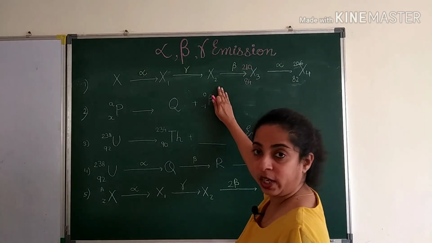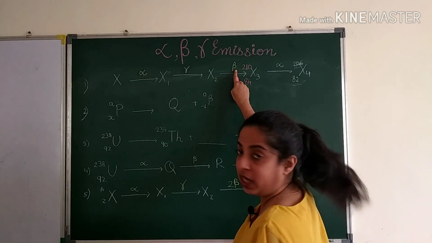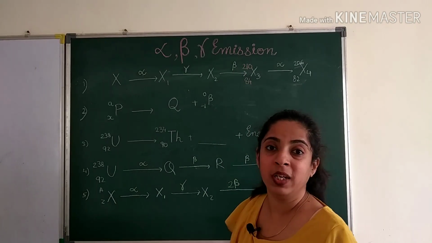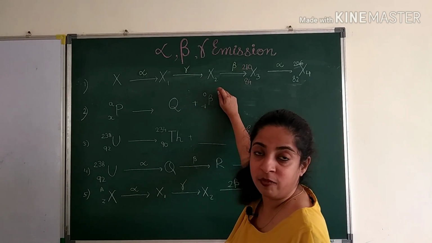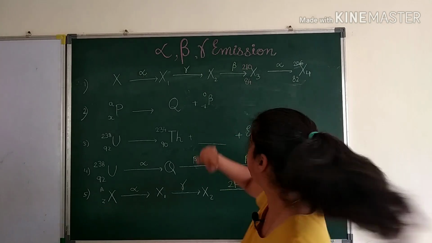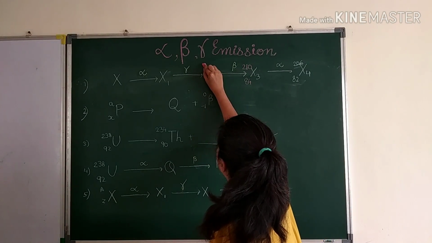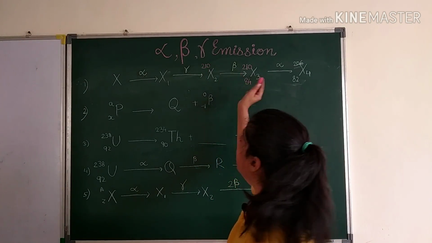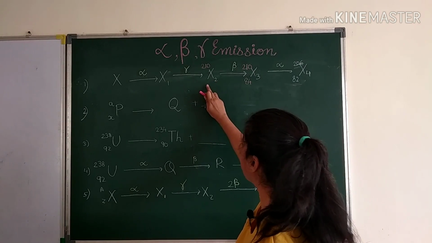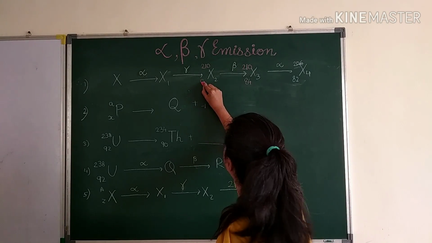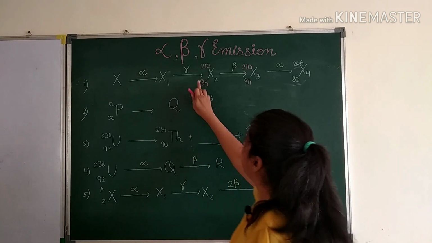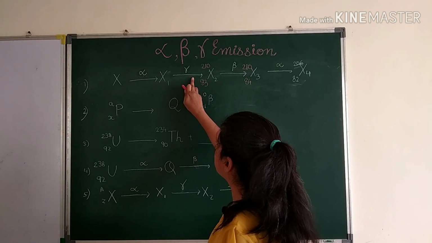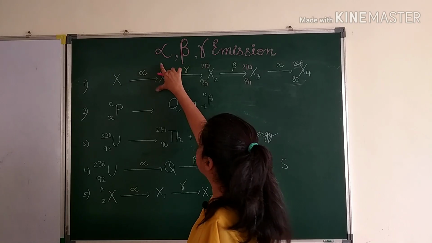Now moving on to X2, since there is a beta particle. Normally in beta, we add 1 to the atomic number and we do not do anything with the mass number, so the mass number remains the same. Since we are going back, we will subtract, so we will make it 83. Now since it is a gamma emission, whatever was there remains here.